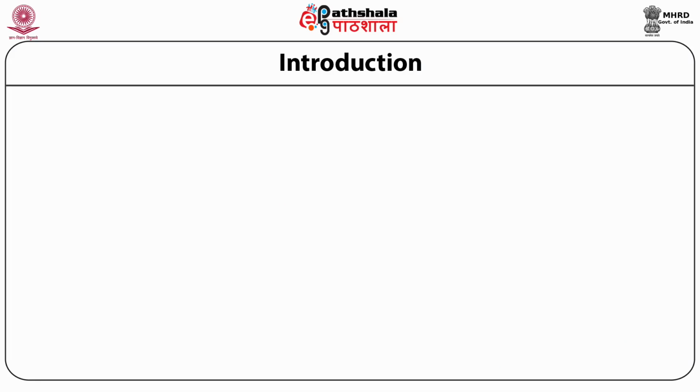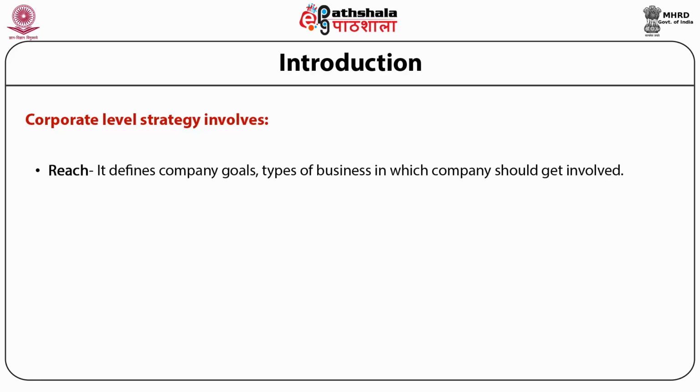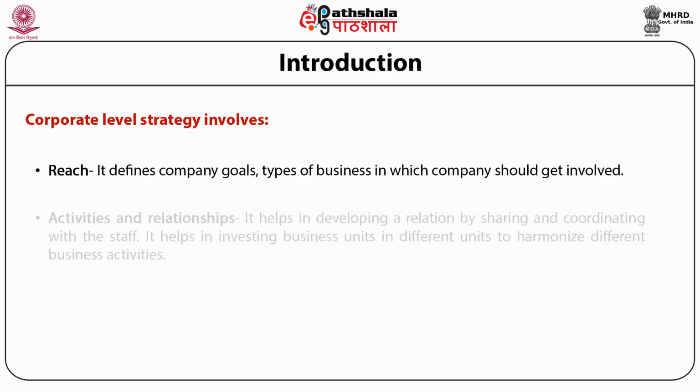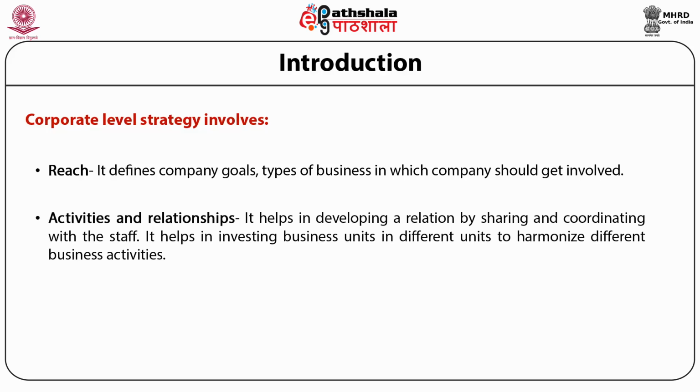Students, what is a corporate level strategy? A corporate level strategy involves reach. It defines company goals and the types of business in which companies should get involved. Number 2, activities and relationships. It helps in developing a relation by sharing and coordinating with the staff.